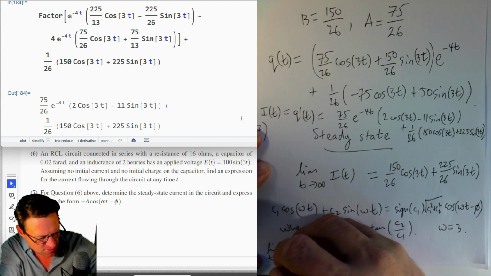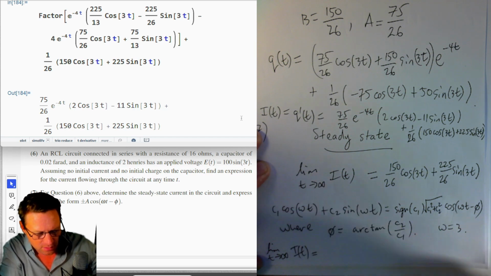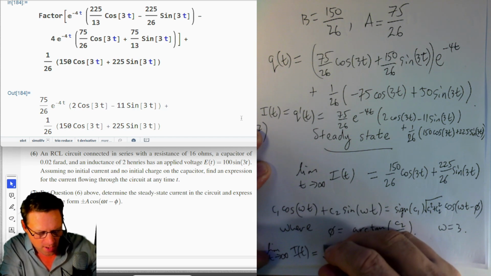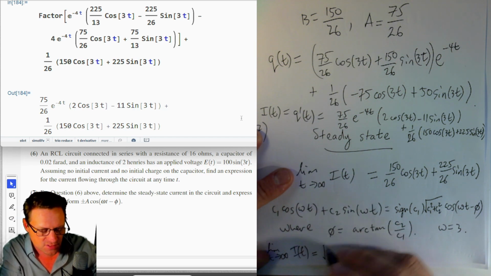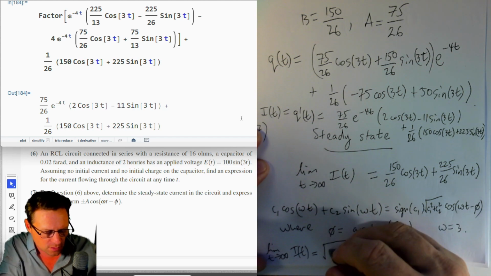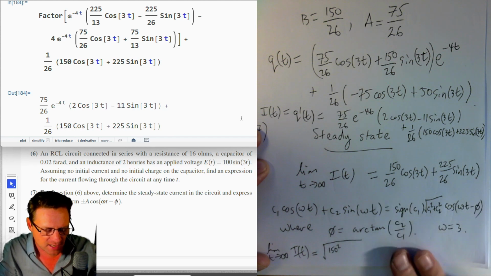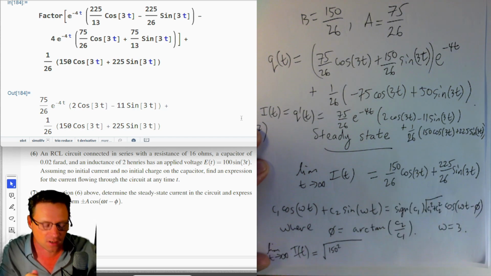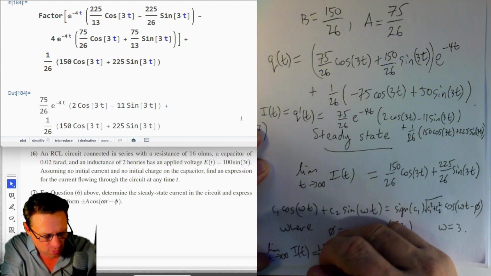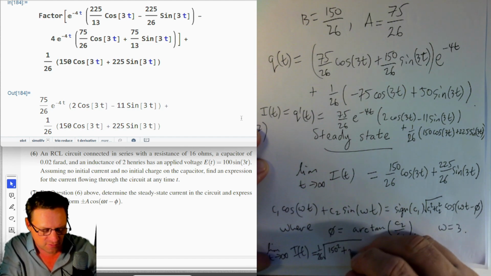And so we have then that the limit as t goes to infinity of I of t is equal to the square root of C1 squared, which is 150 squared. Now I'm factoring out that denominator because it's common in both. So let's put that out the front, 1 over 26. Then we have plus 225 squared.